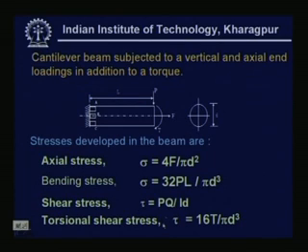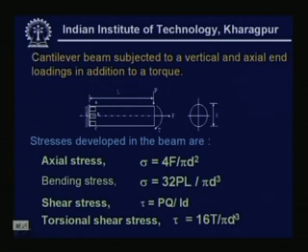Torsional shear stress was T R by I P, and if you substitute the values of R and I P, you get the shear stress as 16 T by pi d cube.